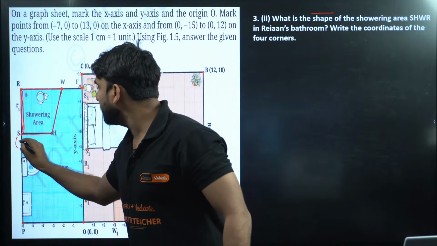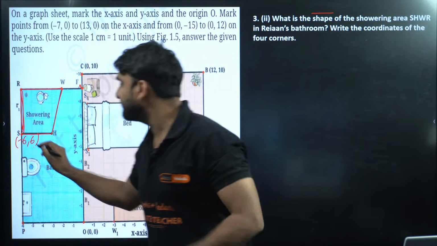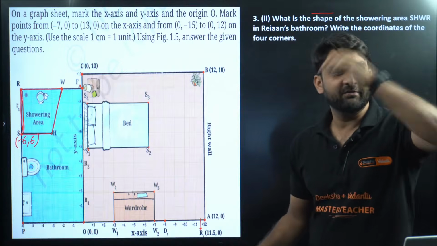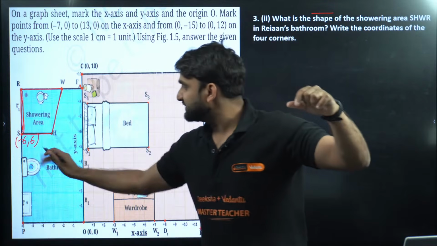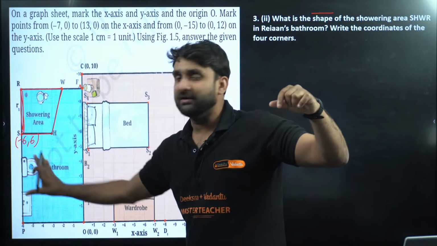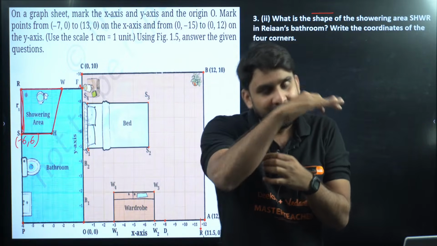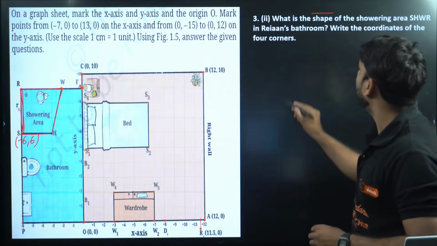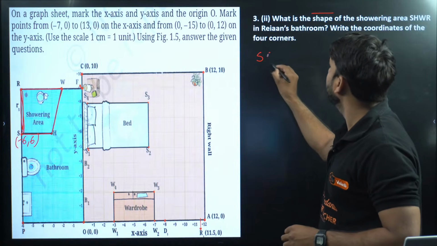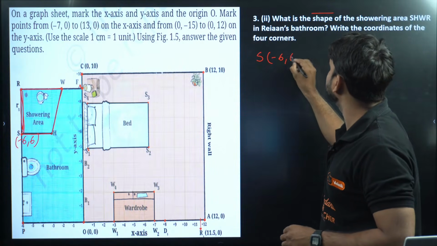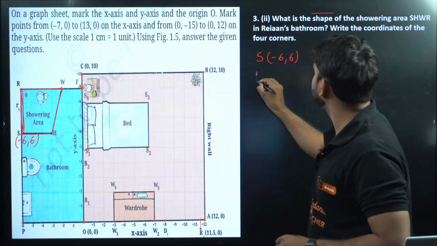So S coordinate will give you minus 6, 6. Y will be positive and x will be negative. Why? Because this is in second quadrant, and we all know second quadrant is made up of positive y and negative x. So S coordinate will be minus 6, 6.